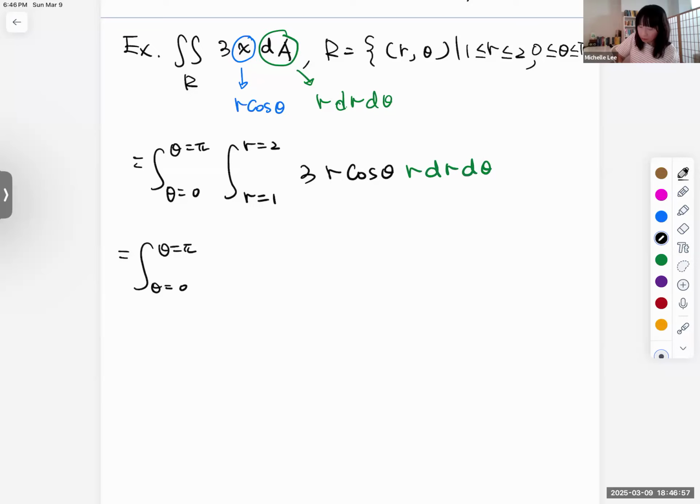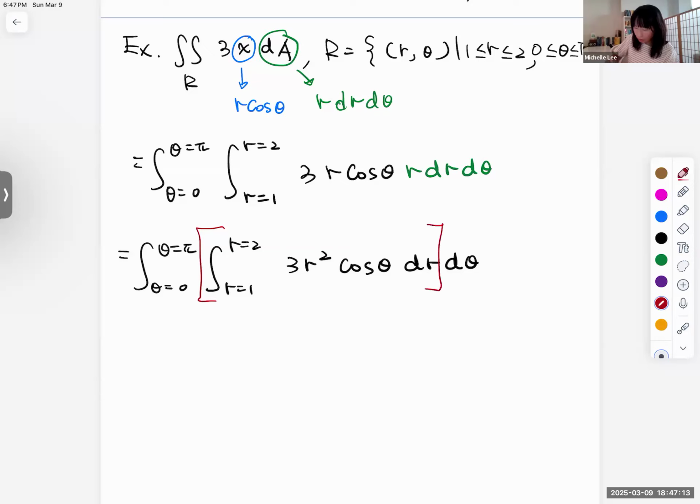So we have r equal to 1 to 2, so 3r squared cosine theta d theta. Okay, so let's integrate with respect to r first. Then we treat theta as constant. All right, so that will be theta equal to 0 to pi.